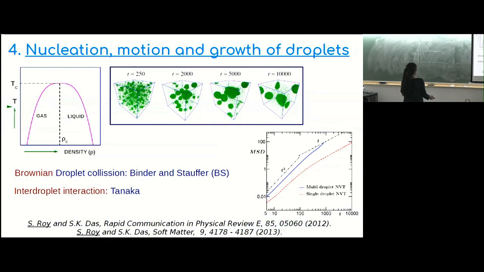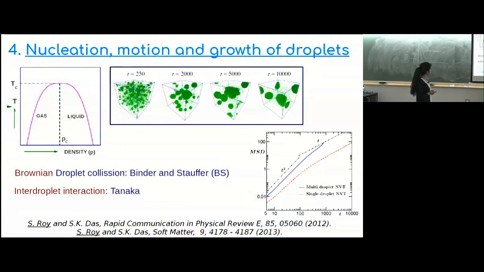The question was, what is the dynamics of this collision? There were basically two predictions. One was by Binder and Stauffer, who predicted that the droplets undergo Brownian motion, collisions, and then coagulation. Then there was a prediction by Tanaka, who said no, it's not Brownian motion, but you're going to have some kind of interdroplet interaction. We wanted to look at in which situation this will be Brownian motion, and where the interdroplet interaction is going to be more prevalent, and things like that.